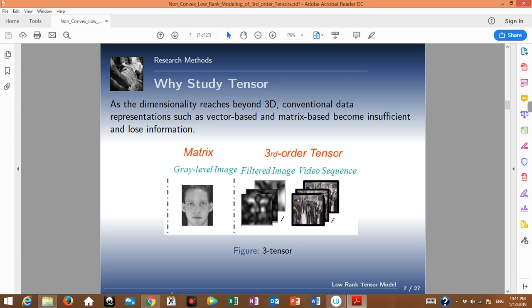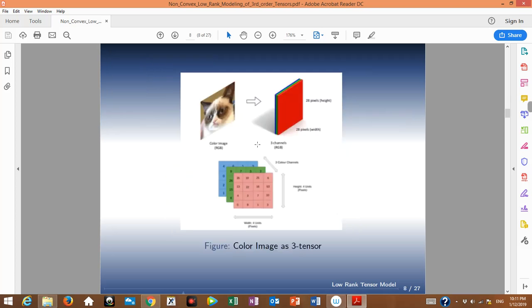You can see, for example, here, a third-order tensor is composed of several slices of matrices. If we look at this color image, for the color direction there are 3 channels: red, green, and blue.